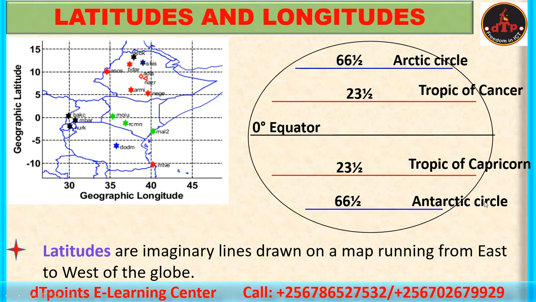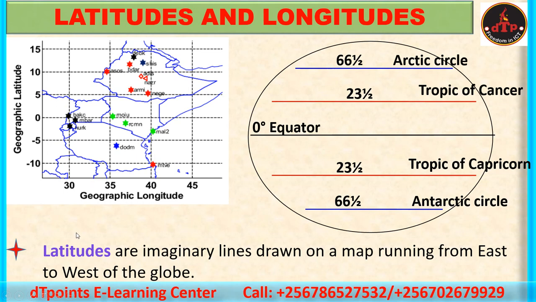So on our map of East Africa, these lines which run from east to west are the ones we call latitudes.